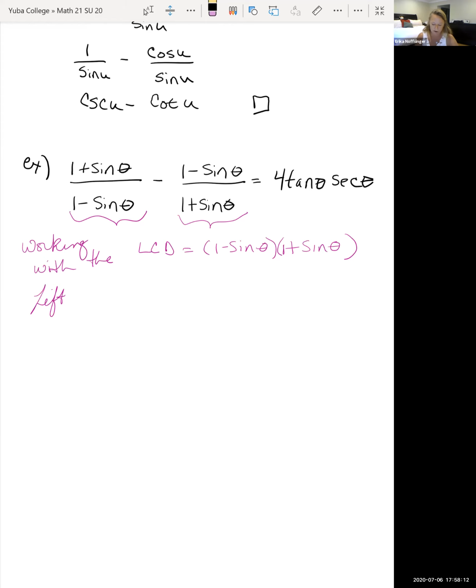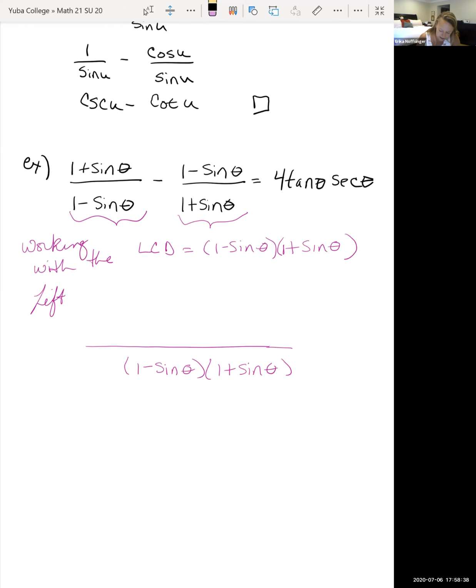So let's just rewrite it because we know that when we're combining and getting the LCD, we're going to put it over that common LCD, right? 1 minus sine theta all times 1 plus sine theta. And then we have the piece that is missing that we would have gotten the LCD times this numerator. Well, we were missing the 1 plus sine theta.